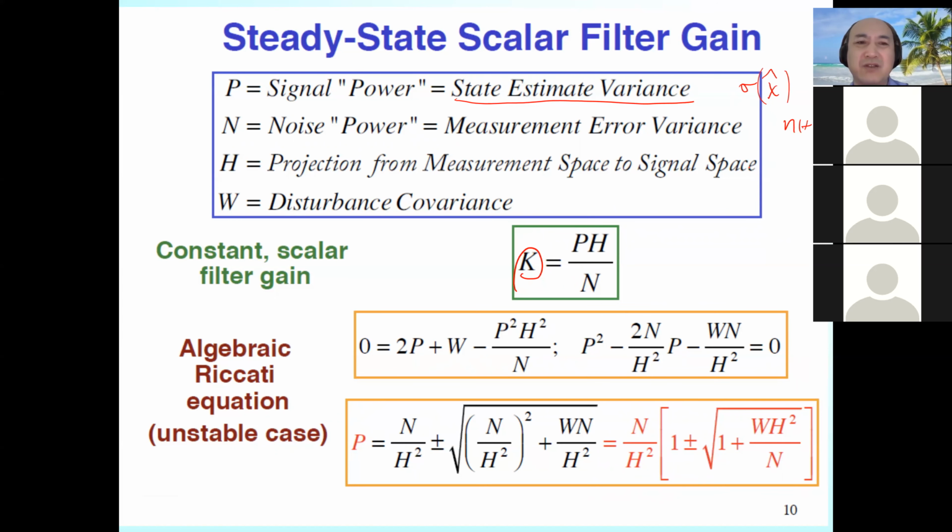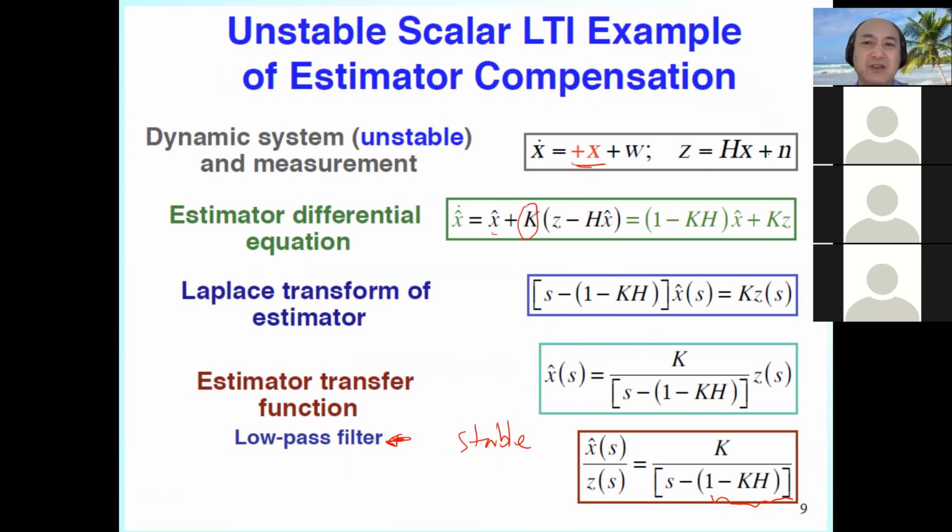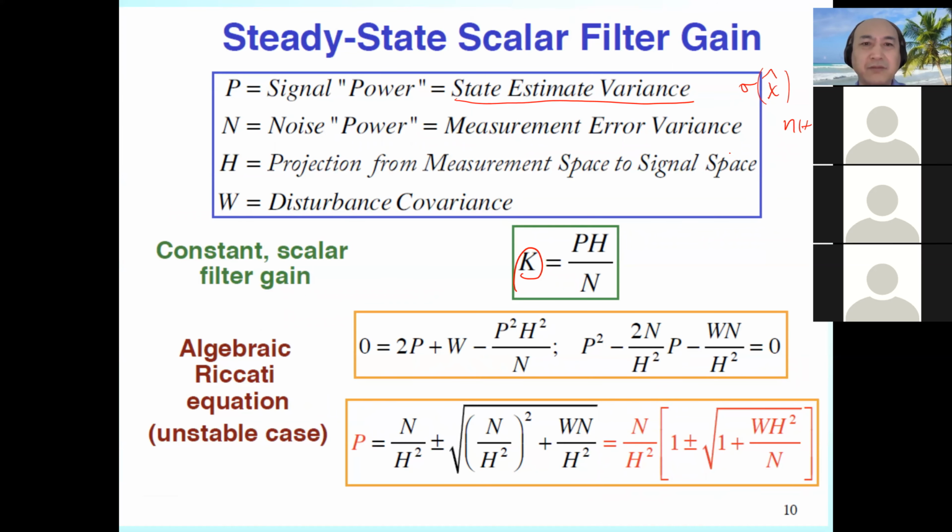Projection from measurement space to signal space is the H. W is the variance of my omega(t). The gain should be PH divided by N, choosing in such a way. Then you try to solve the algebraic Riccati equation. So you'll see what you get.